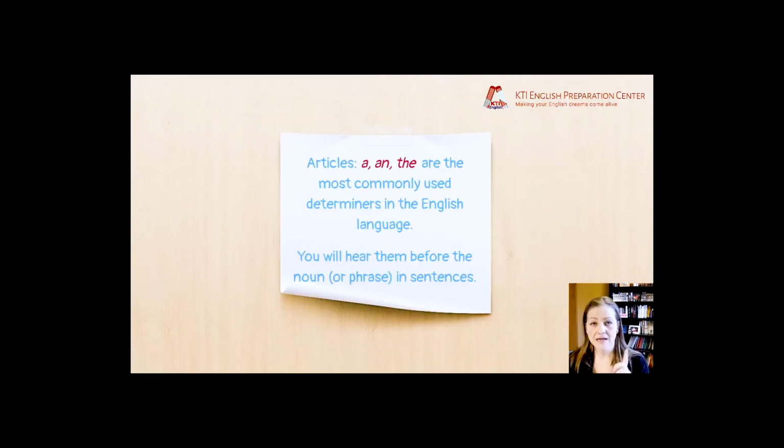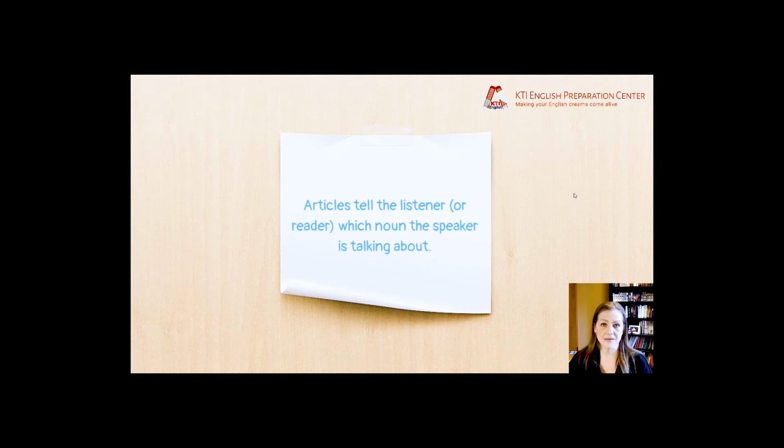Articles, a, an, the, are the most commonly used determiners in the English language. You're going to hear them before nouns and noun phrases, so adjectives and nouns. In fact, sometimes we even call the determiners adjectives. They do the same thing as an adjective. They tell the listener or the reader which noun the speaker's talking about, and they give information about that noun.